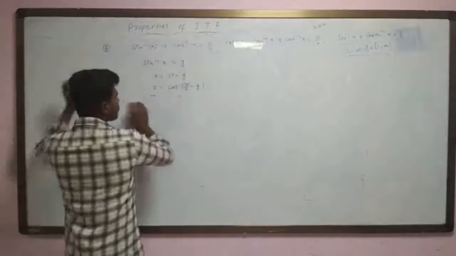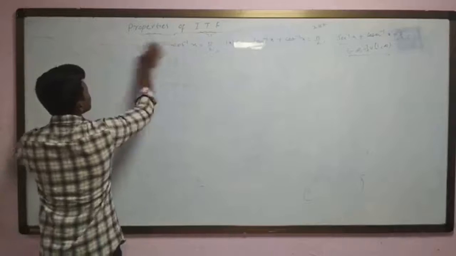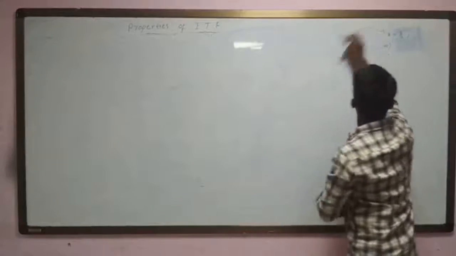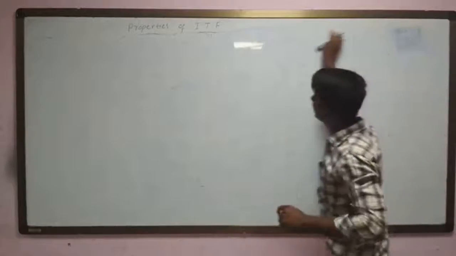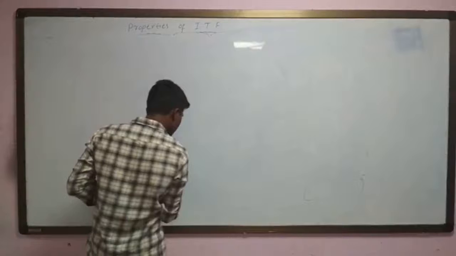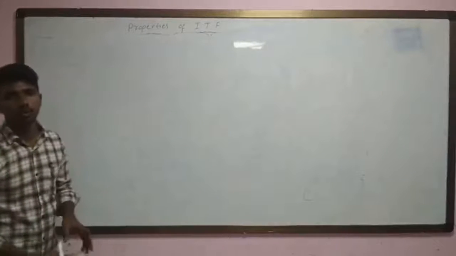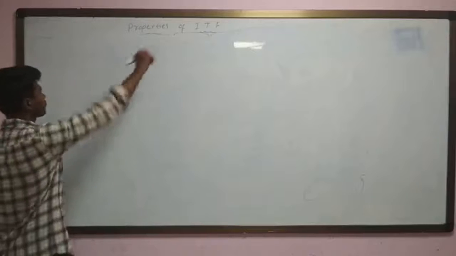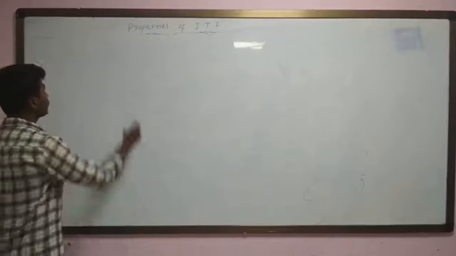Next, triangle rules. With the help of a triangle, we relate sin to cos, cos to sin, tan to cos, cos to tan. See, how are we going to relate those?